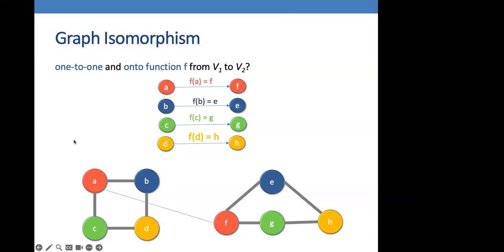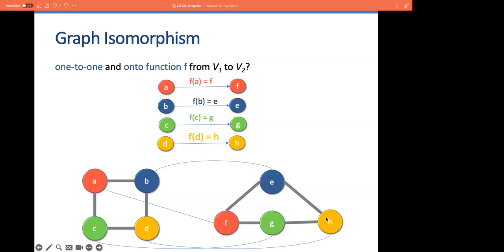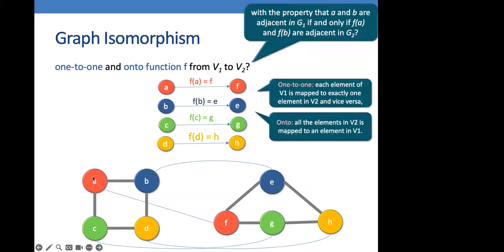So let's say we can map A to F. So we can say that f of A is equal to F, and then B may be mapped to E, and C may be mapped to G, and then D may be mapped to H, right? So as you can see, there is a one-to-one mapping. So exactly one vertex in V1 is mapped to exactly one vertex in V2, okay?